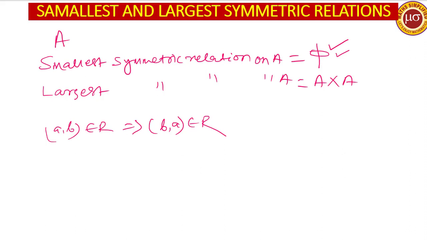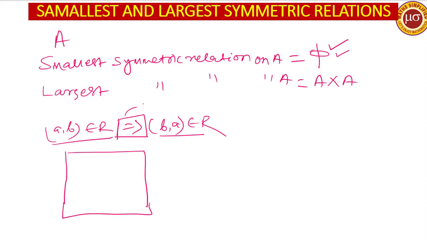Why is it so? Because this symbol means if (a,b) is there, then (b,a) is there. And this is called implication, or sometimes we call it conditional. The truth table for conditional, I think you know from your class 11.